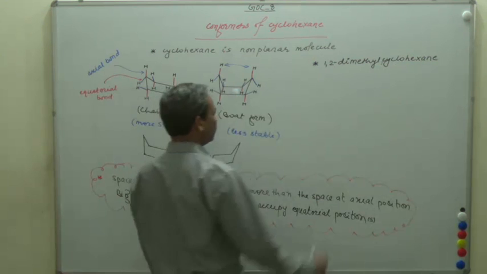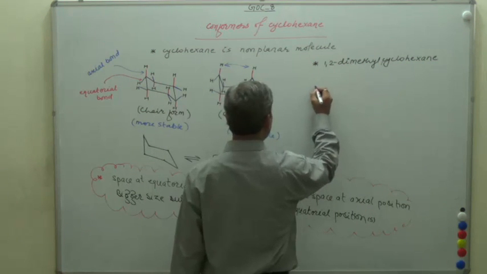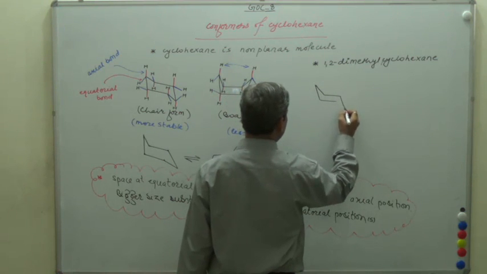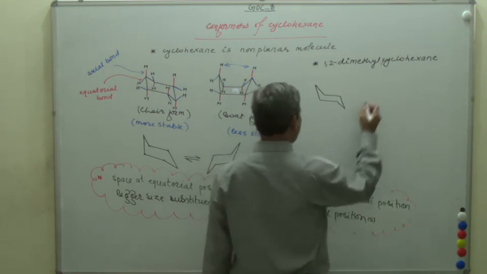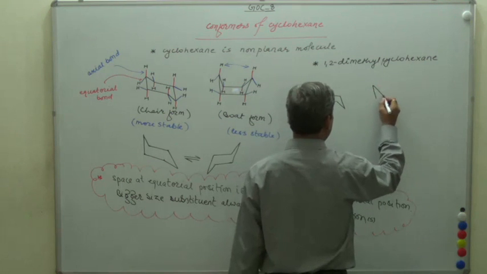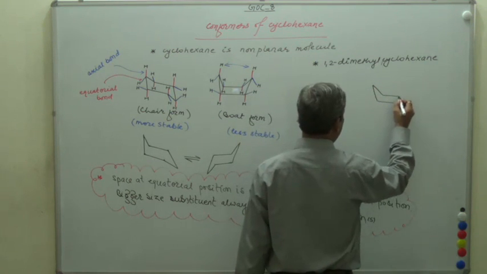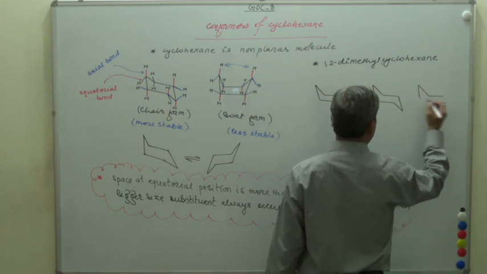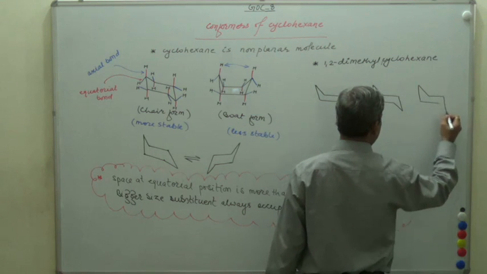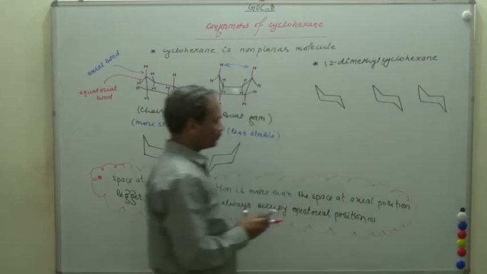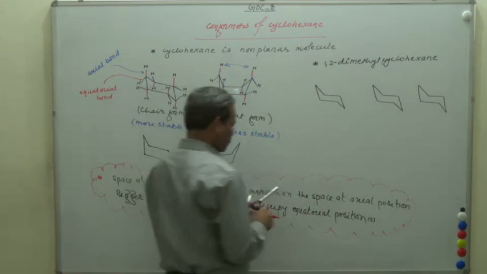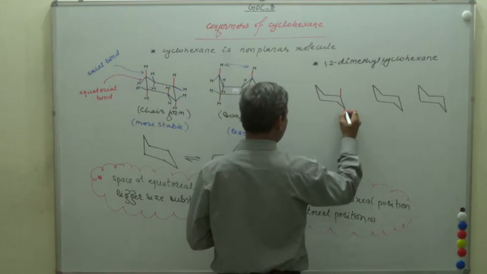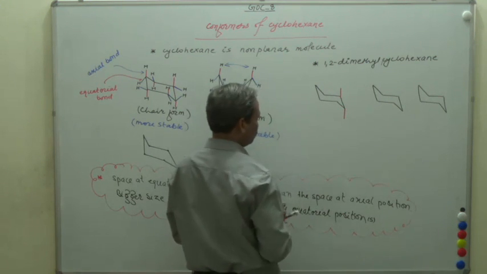Now this 1,2-dimethylcyclohexane can exist in three structures. Suppose this is 1 and this is 2.